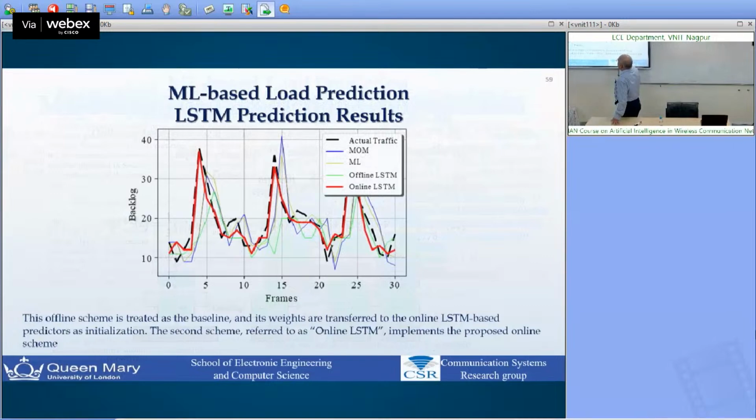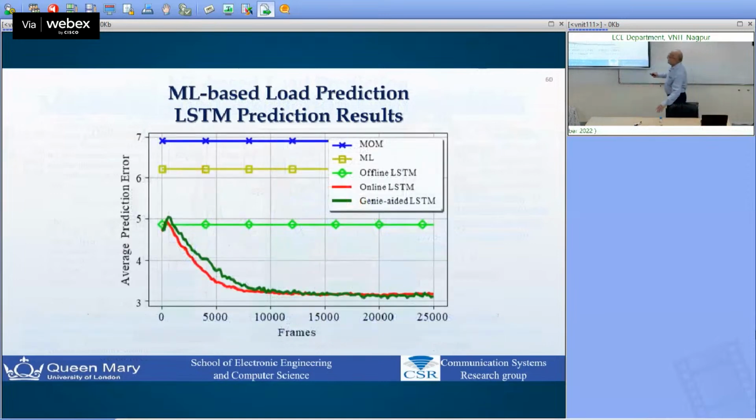For the online one, after we trained using offline, we give it to the online LSTM to predict the load. This way, we found that it predicted perfectly. The green line means the ideal case, so we know the ideal load, and this LSTM network almost predicted the ideal number.